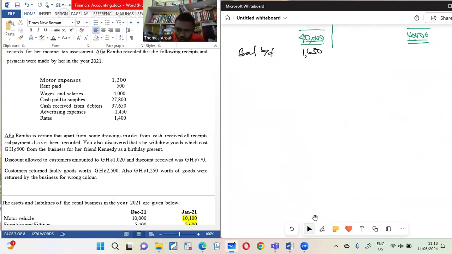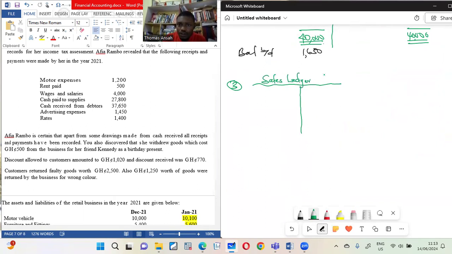What do we normally do with our step 3? The control accounts, right? So we have to do the debtors control account. So sales ledger control account or the debtors account, all right? Then we will do the purchases as well.